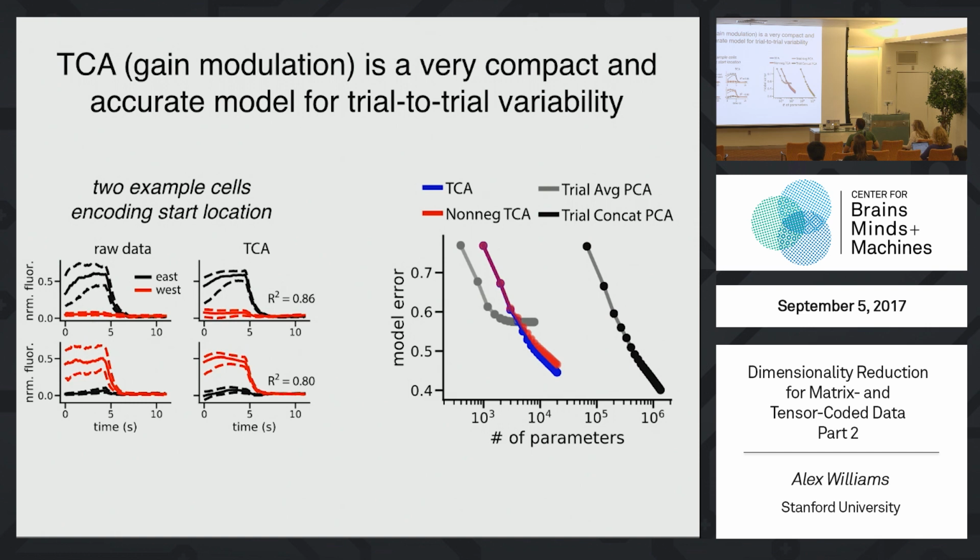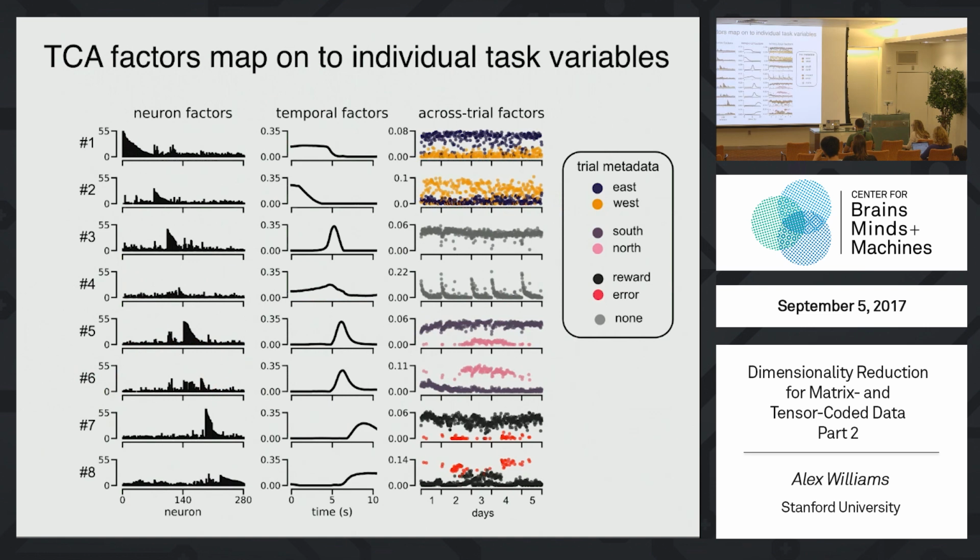But the important thing here is that when you look early on, they get similar model error, but trial concatenated PCA requires basically 2 orders of magnitude more parameters to fit this data. So TCA and non-negative TCA do a very good job of fitting the real data, and they do it with many fewer parameters. And as a result, you get those nice theoretical properties of identifiability, like I mentioned.